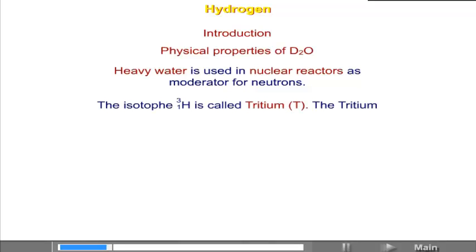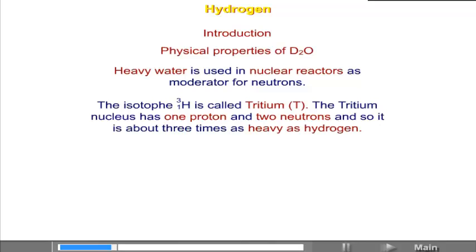The isotope 1H3 is called tritium T. The tritium nucleus has 1 proton and 2 neutrons, and so it is about 3 times as heavy as hydrogen.